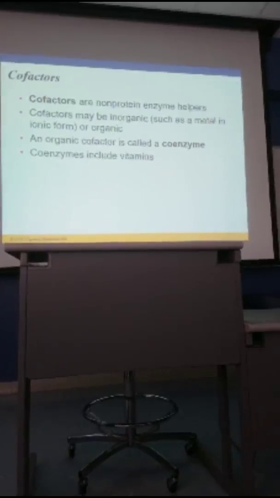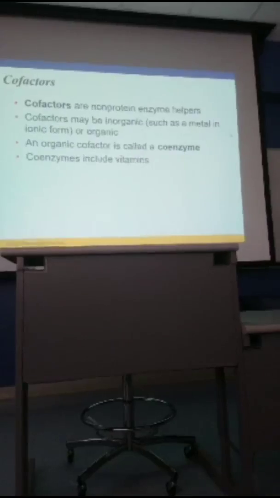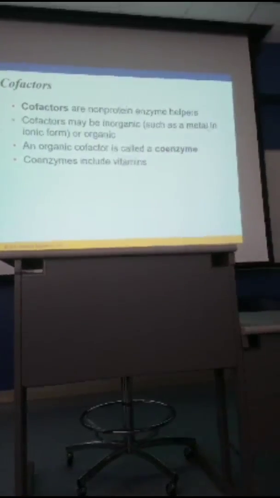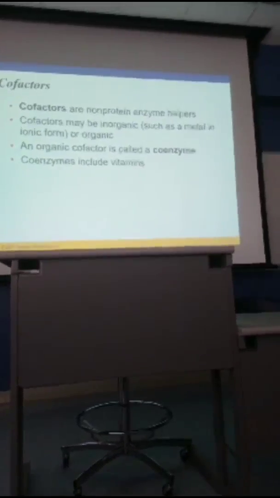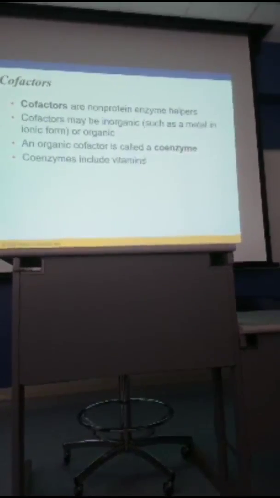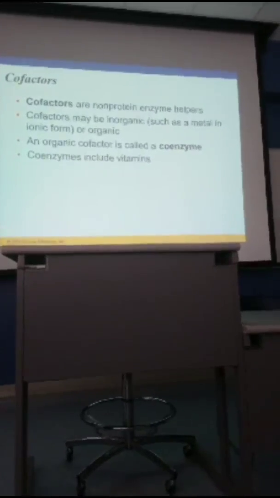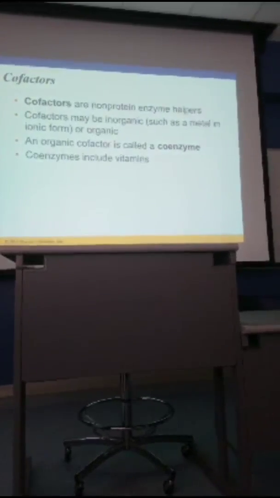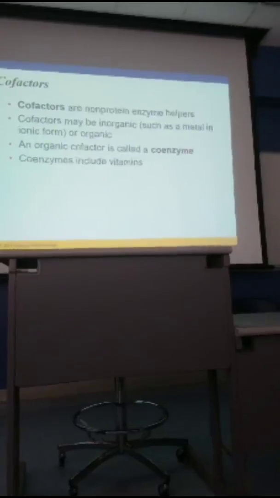I want you to know what they can be made of. A cofactor may be inorganic, such as an element, or it can be organic. It could be a vitamin. So cofactors can be organic or inorganic. They could be a metal or they could be a molecule like a vitamin.